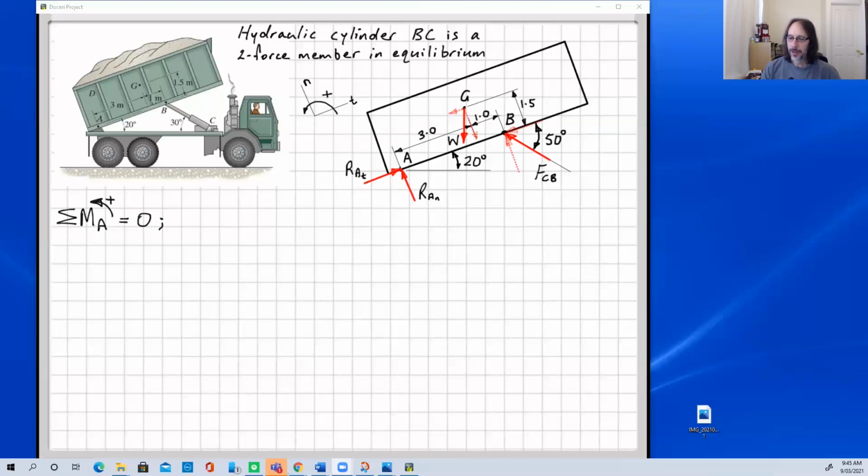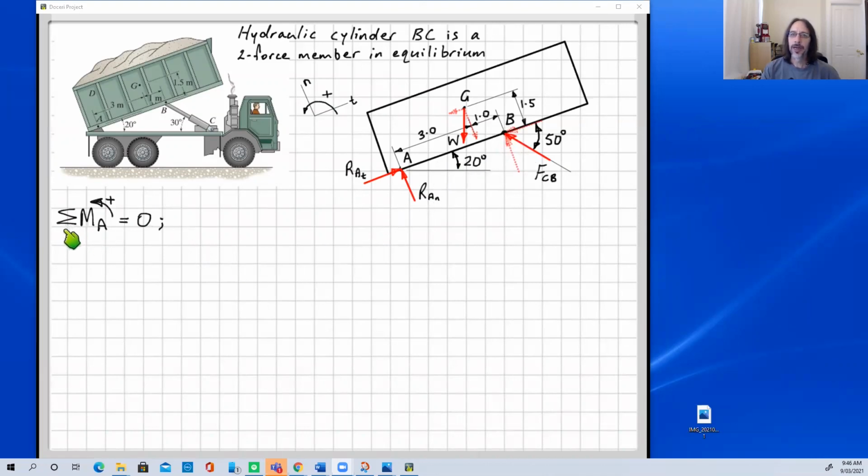Usually if we've got a pin connection like this, the components of the force here both pass through point A. So therefore they'll have zero moment about point A, and we'll just be left with the force FCB and its moment action in this equation.